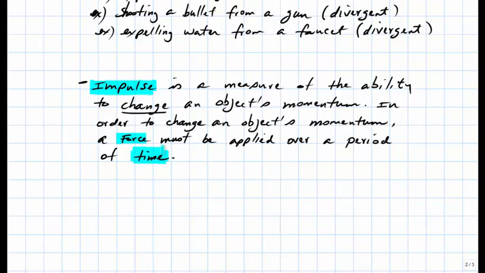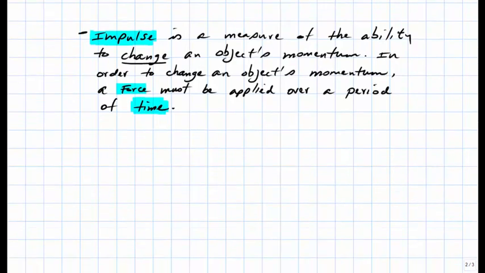But what is that relationship? Well, in order to show that relationship, let's begin by evaluating the momentum equation. Earlier, we developed this equation. We stated that momentum equals mass times velocity. Now, impulse is related to the change in an object's momentum.